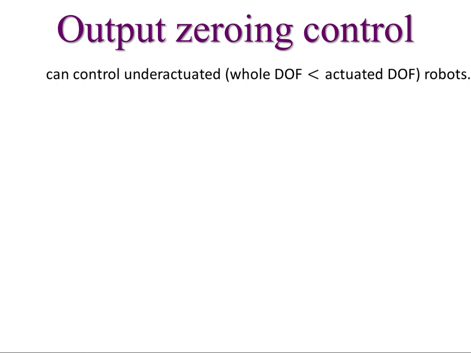Compared to systems with the same number of inputs and degrees of freedom, such as normal industrial robots, underactuated systems are more difficult to control stably. In cases such as humanoid robots, where a large amount of torque around the ankle causes the foot to leave the ground, we should control the underactuated system.